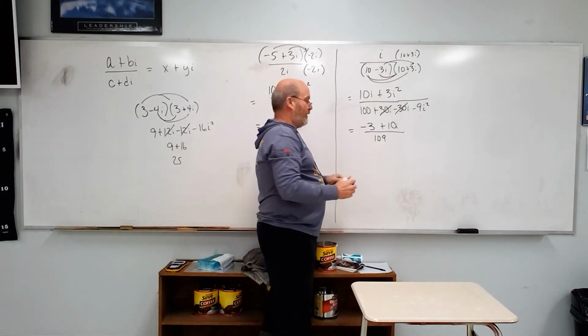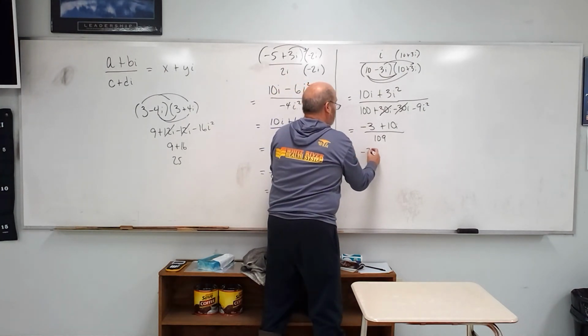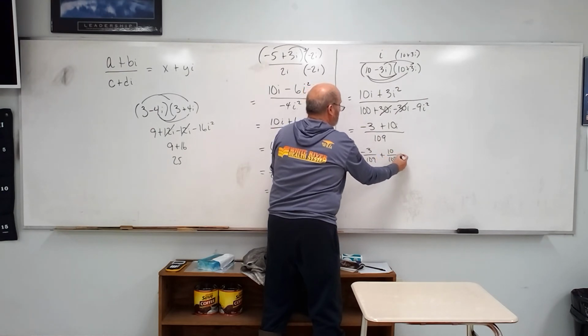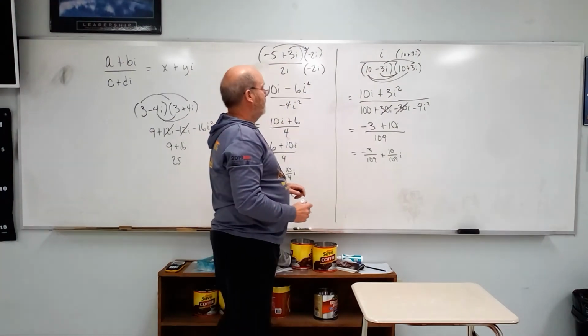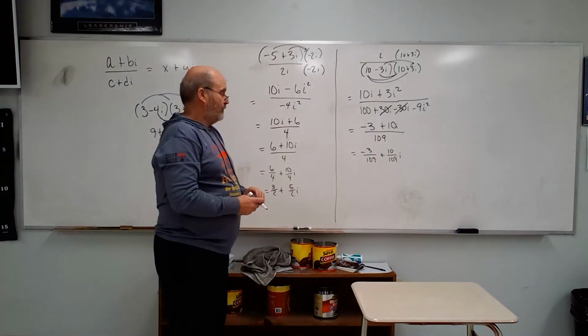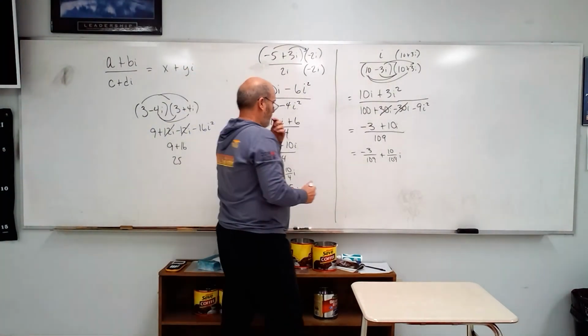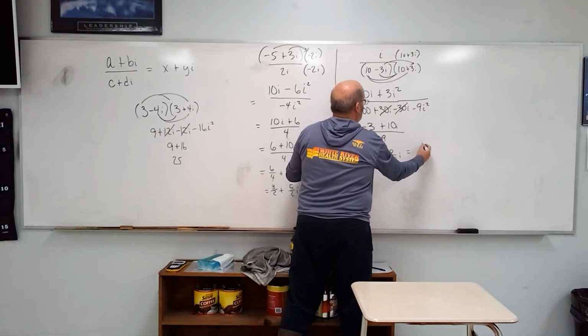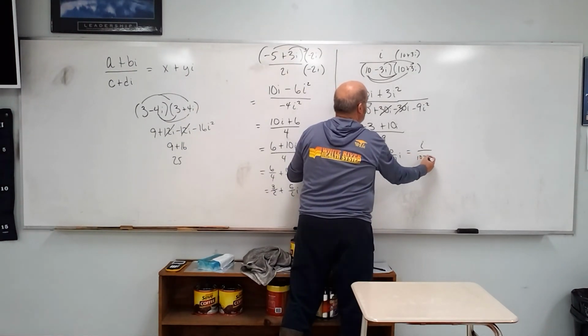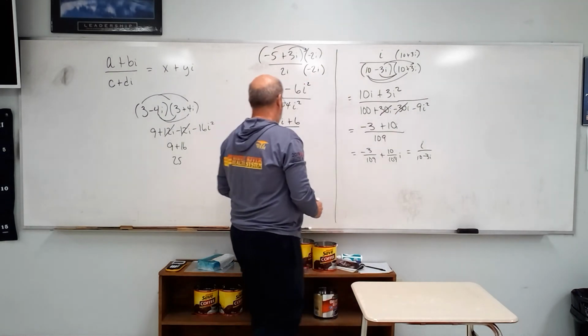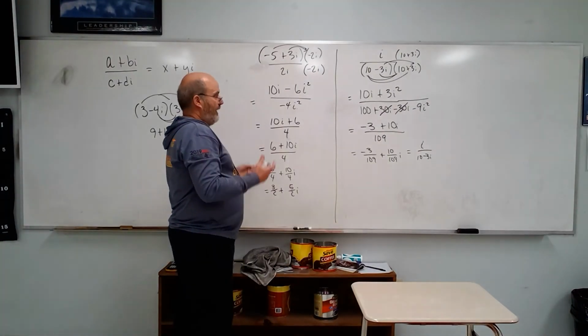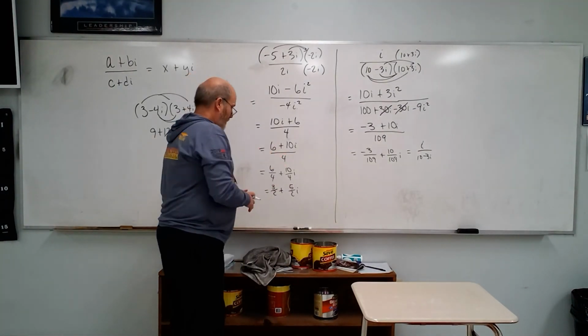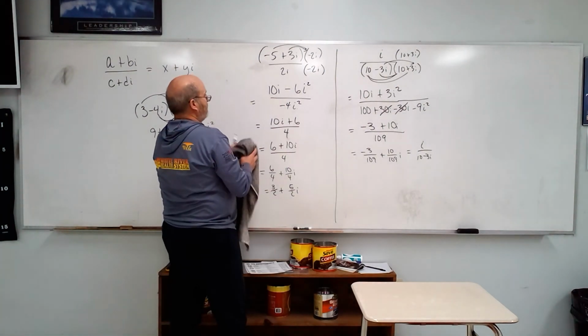Now I'll split it into two fractions and get negative 3/109 plus 10/109 times i. And that is the solution to the division problem, i over 10 minus 3i, the problem I started with. And that is how you divide complex numbers.